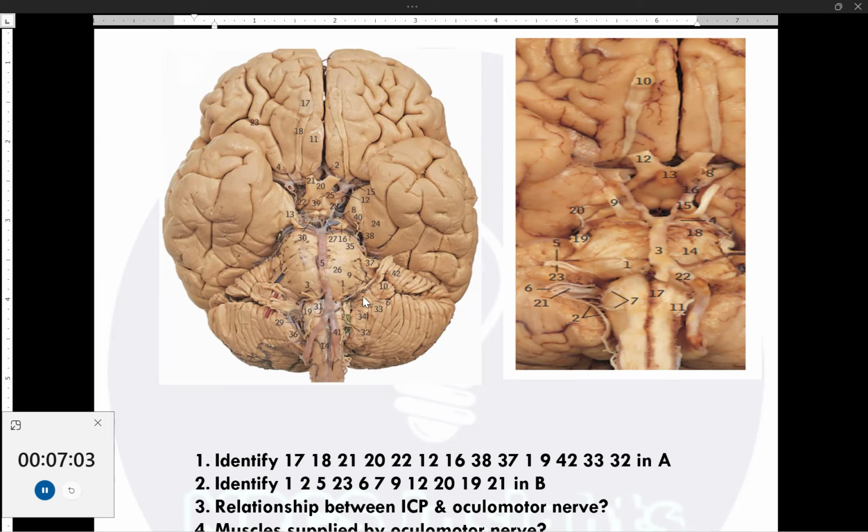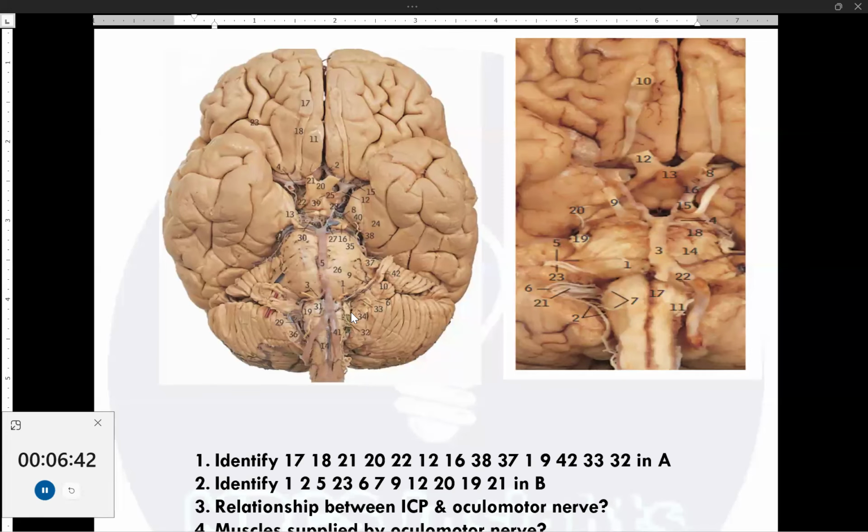33 is the glossopharyngeal nerve. With glossopharyngeal, what other nerves will we have? Vagus and accessory nerve.